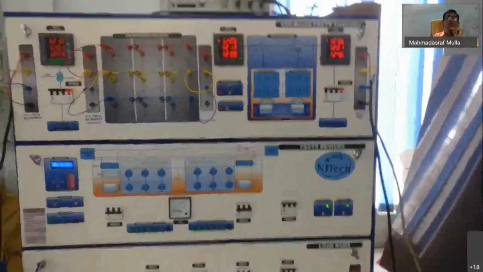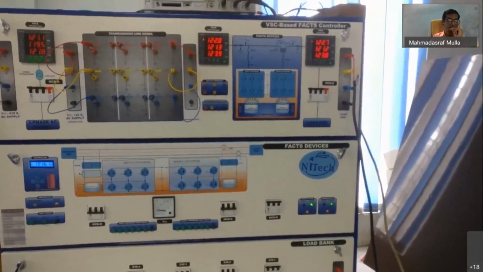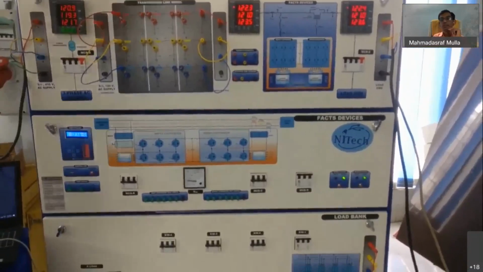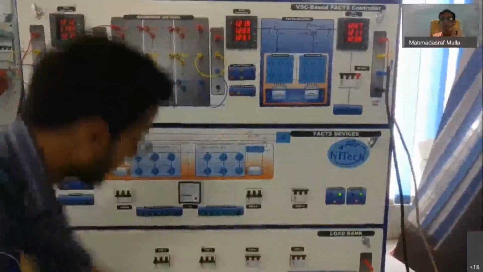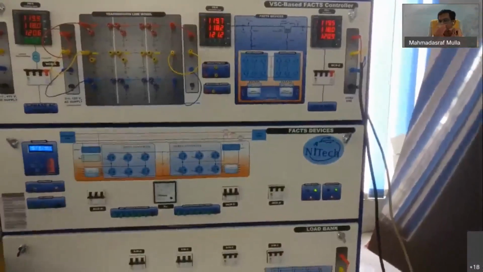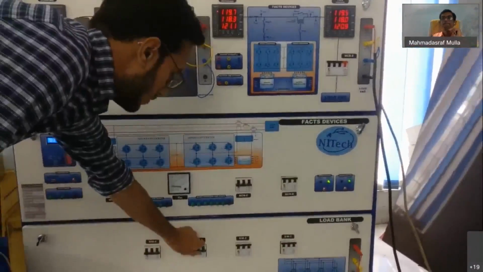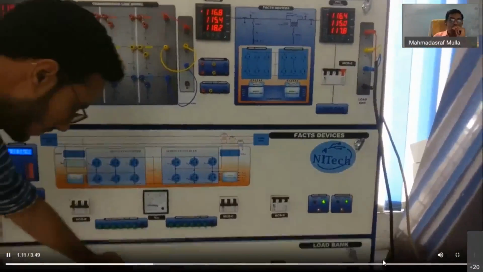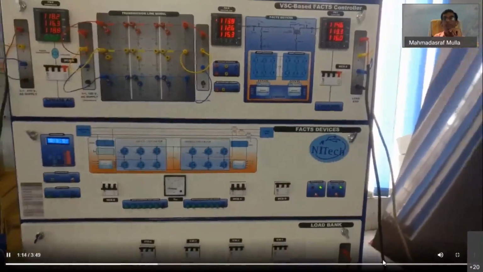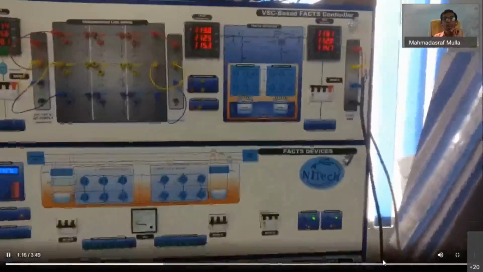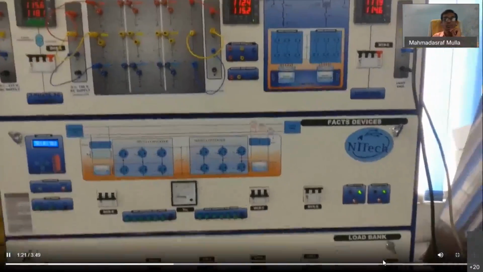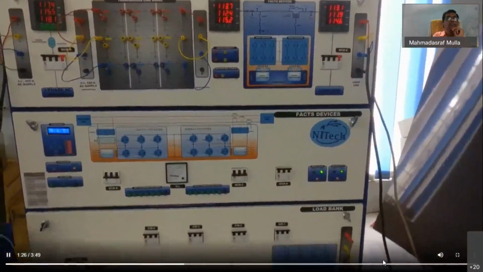So as you can see, a big drop in voltage is observed over here. As you increase the load gradually, the voltage will be dropping. So after turning on all 4 MCBs, we are getting some drop over here, and the voltage is 113 volt, we can say that.